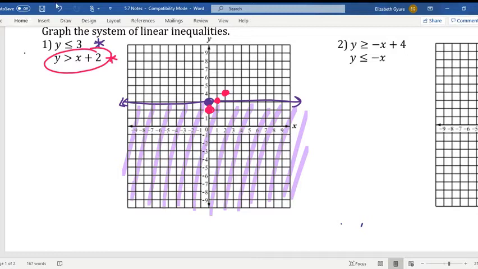Okay. Now take a look at our inequality. Do we think this should be a solid or a dotted line? Yep, this is a dotted line. Good. So put a dotted line going through there.